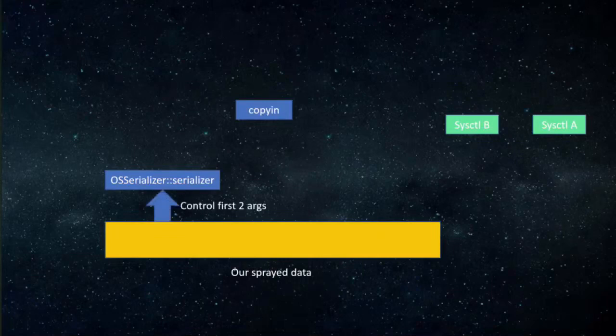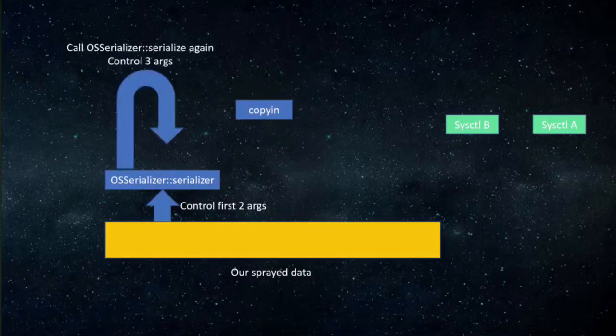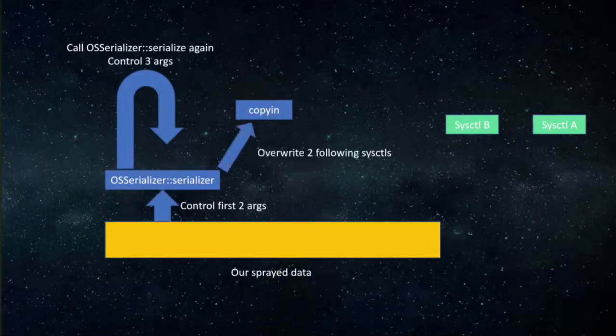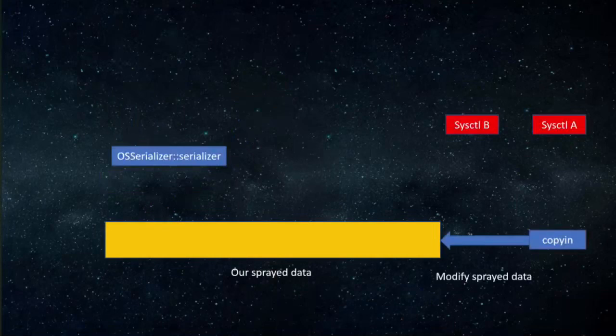We call our OSSerializer::serialize. We control only the first two arguments. We call OSSerializer::serialize again. This time we control three arguments. We call again using those controlled three arguments. We call copyin, which overrides those two sysctls.